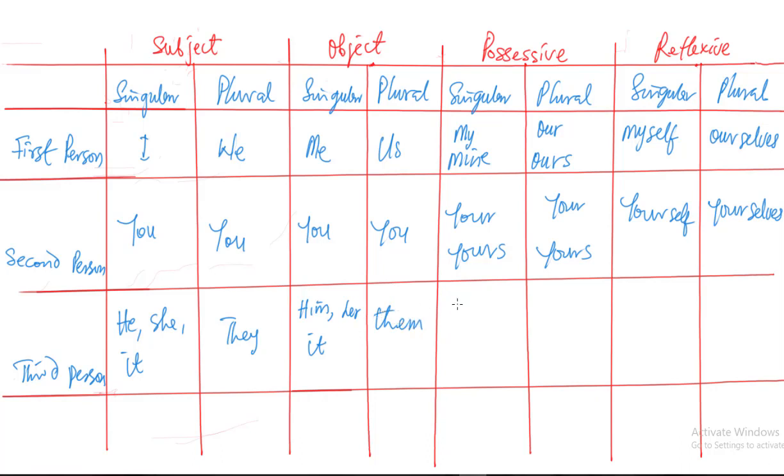Possessive, singular, his, hers, her, its. Plural form, their and theirs.